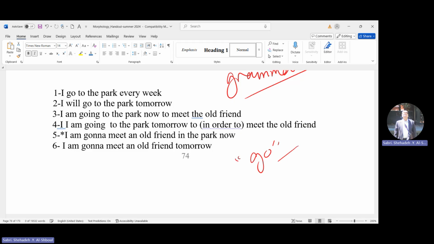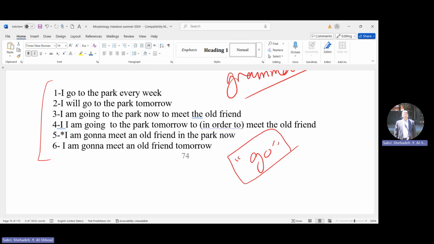Typically, this verb go, from a diachronic perspective, has undergone a kind of change under the umbrella of grammaticalization. If we look into the etymology of this verb, we notice that it does undergo this kind of change. Here I have provided simple examples to show how the verb go has become grammaticalized in English.